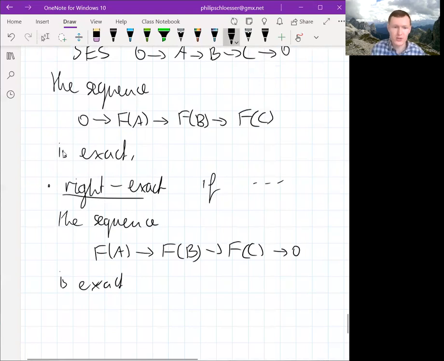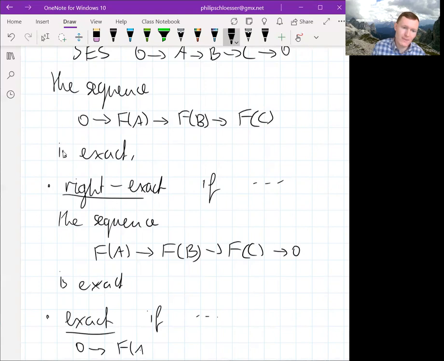So the notion of surjectivity is preserved, but not necessarily the notion of injectivity. And we call it exact if it is both left exact and right exact, or conversely, if we just get a short exact sequence at the end. If, for a short exact sequence, 0 to FA to FB to FC to 0 is exact.